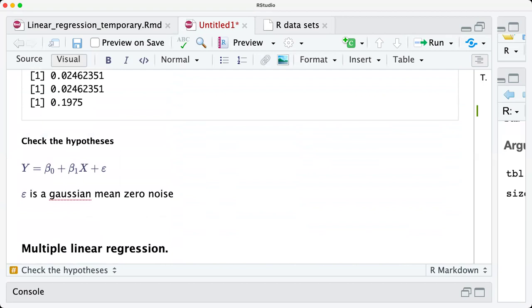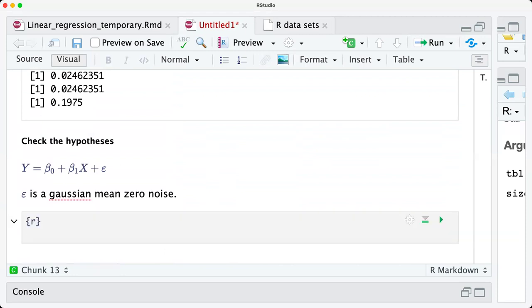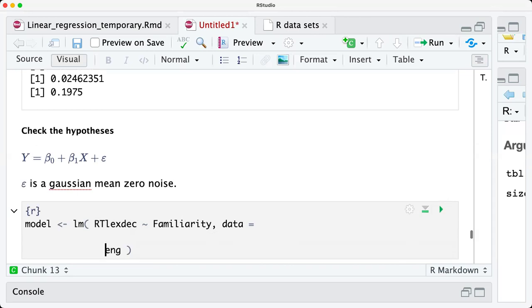So we need to check this hypothesis, and the best way to do it is... let's save the reaction time of the lexical decision predicted using the familiarity of the smaller dataset to model one, into the variable model.